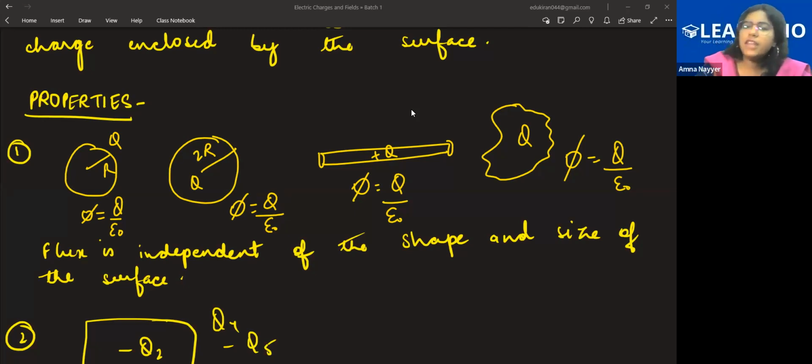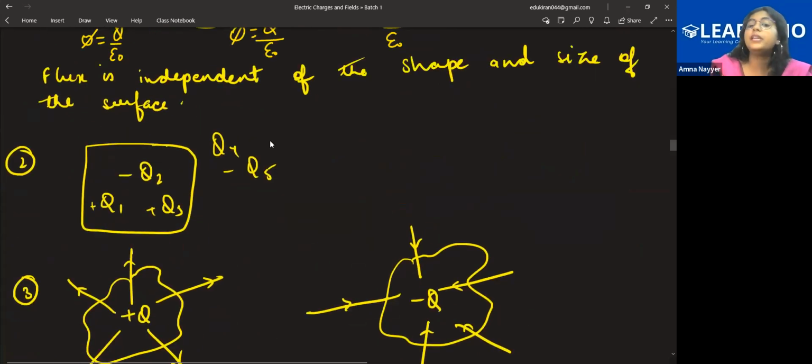Second is, when I tell you the formula of Gauss theorem, I'm constantly saying that this is charge enclosed by epsilon naught. What is this charge enclosed? Charge enclosed means you have chosen a surface, and the charge which you are considering should be enclosed within that surface. Suppose I have this figure with me, and minus Q2 is present, plus Q1 is present, plus Q3 is present, plus Q4 is present, minus Q5 is present.